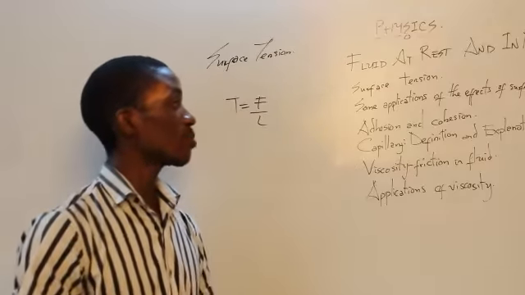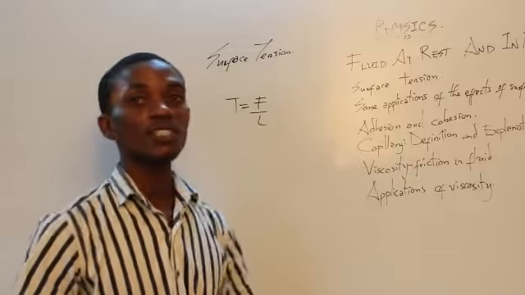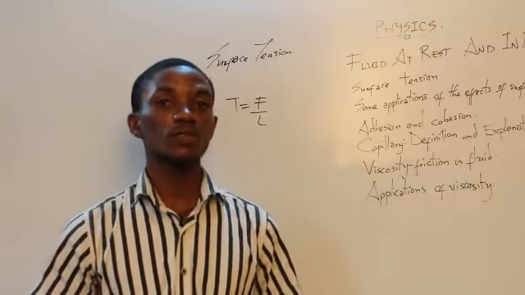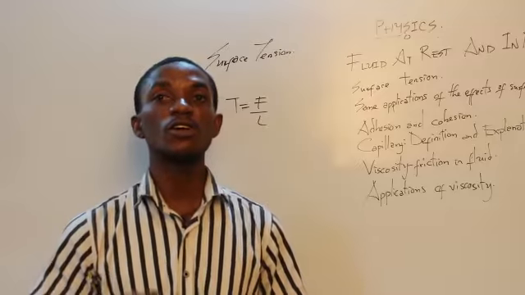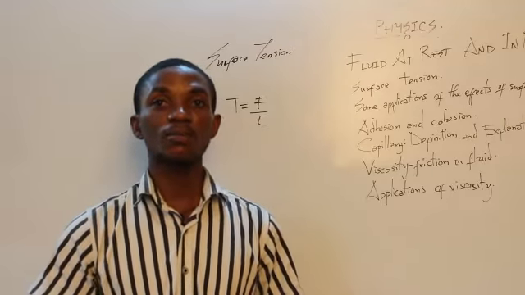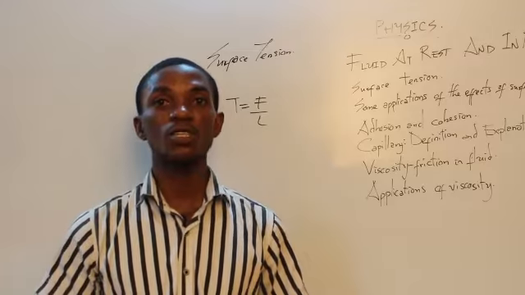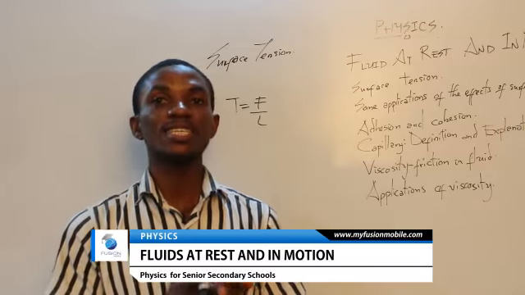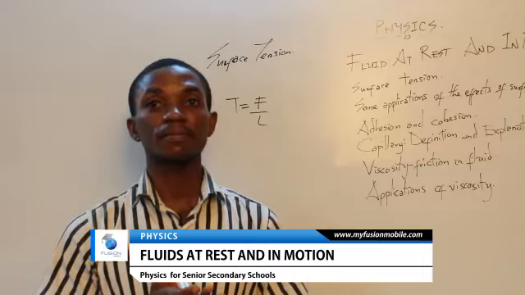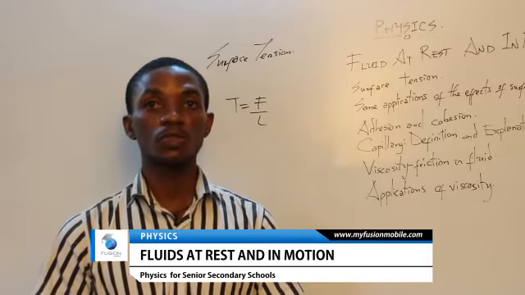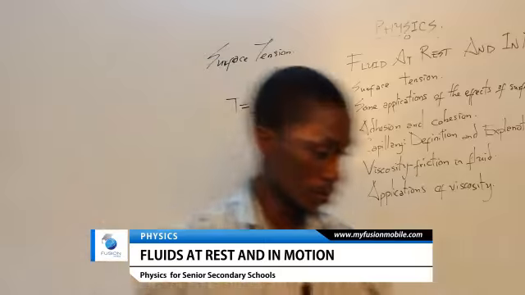Okay, what are the applications of the effect of surface tension? Some of the applications of the effect of surface tension can be found in the making of waterproof materials. Of course, our nylon bags. The understanding of surface tension helps us to understand how to design them such that they would not break and they can withhold what they need to withhold.